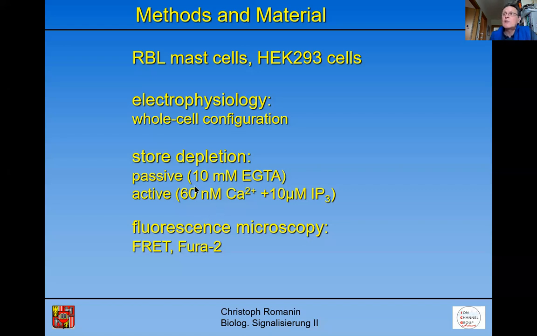However, the passive store depletion works via a chelator of calcium, EGTA, that is also put in the pipette, which diffuses upon establishing the whole cell configuration into the cytoplasm. It grabs all the calcium, and you remember we have always a certain leak in the ER membrane.